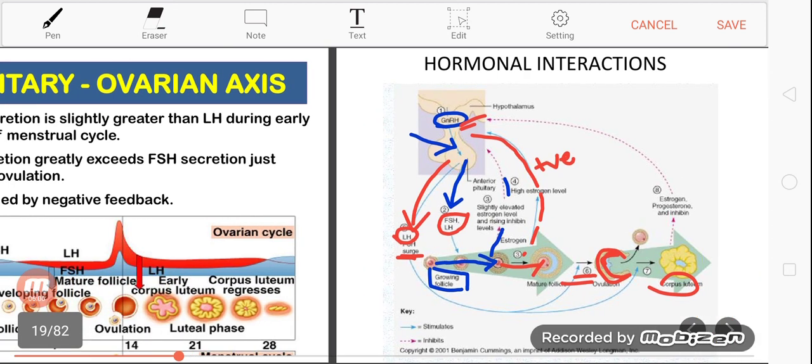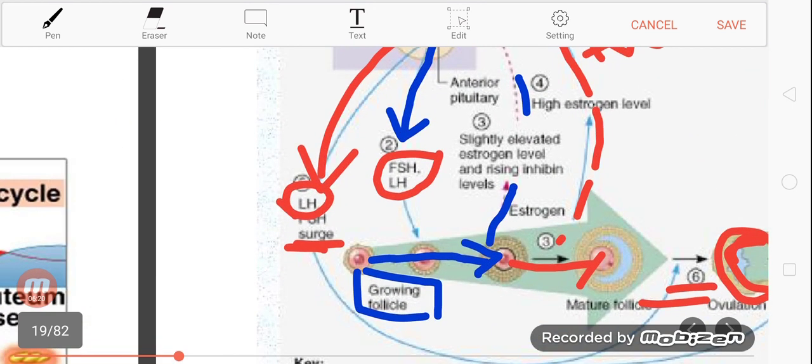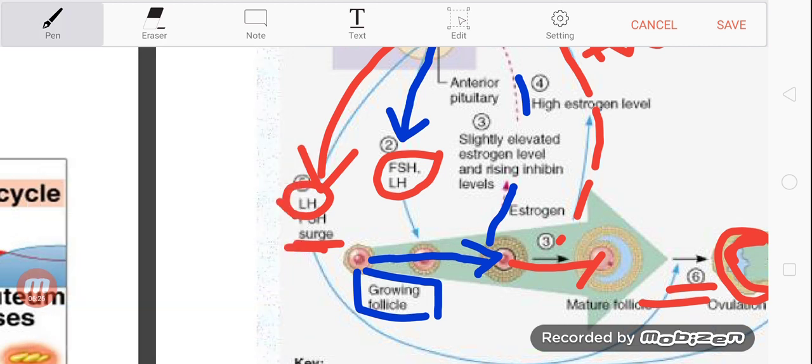So this is how the hormones interact throughout the ovarian cycle. Remember, as these follicles grow, the follicles will secrete estrogens.